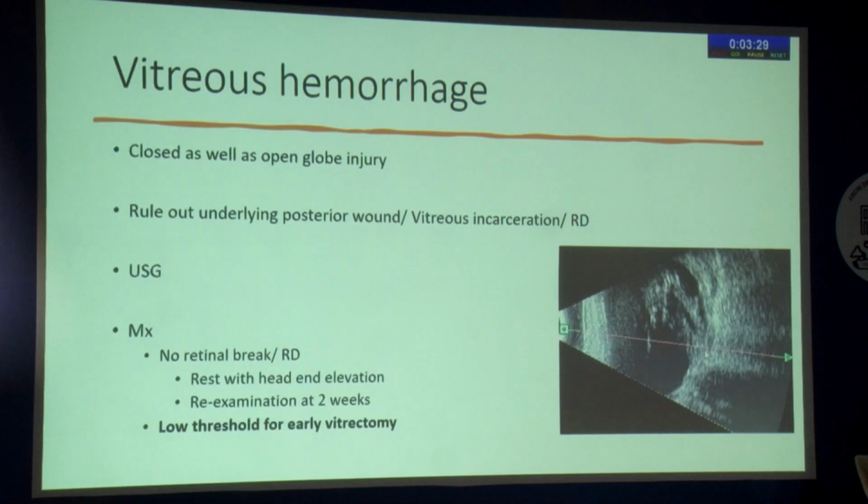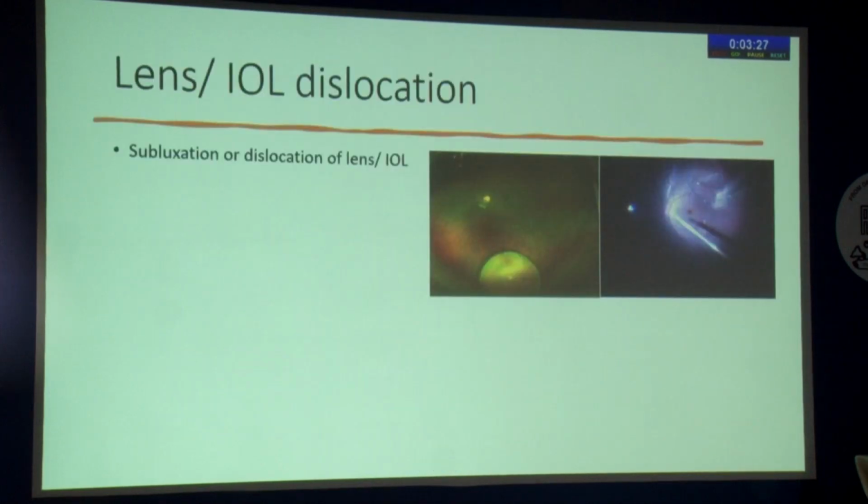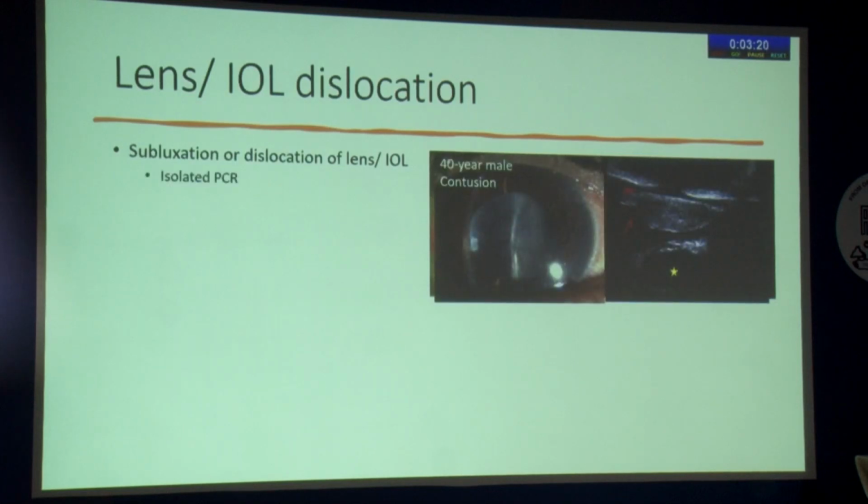there could be risk of vitreous and retinal incarceration. Lens and IOL dislocation can occur after a closed globe injury to the eye. Less likely, you can have isolated posterior capsular rupture, wherein the posterior capsule, being thin, gets avulsed because of the shock waves, with an intact anterior capsule, and posterior dislocation of the lens could also be there.